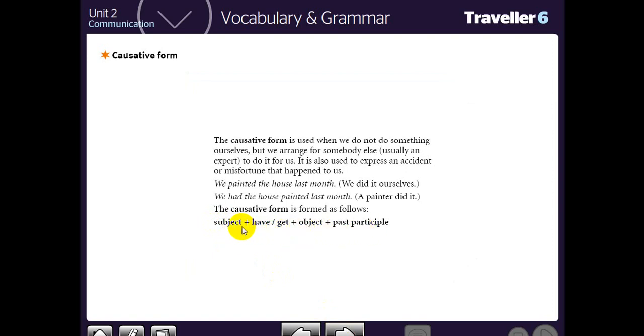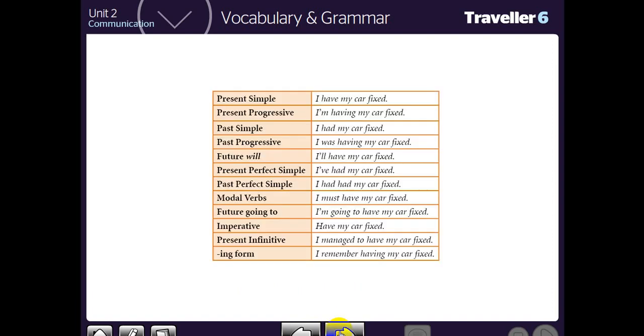For example, I have my hair cut. So, if you're asking me, are there any other structures of causative? Yeah, there are a lot of structures in causative. For example, look at this table.